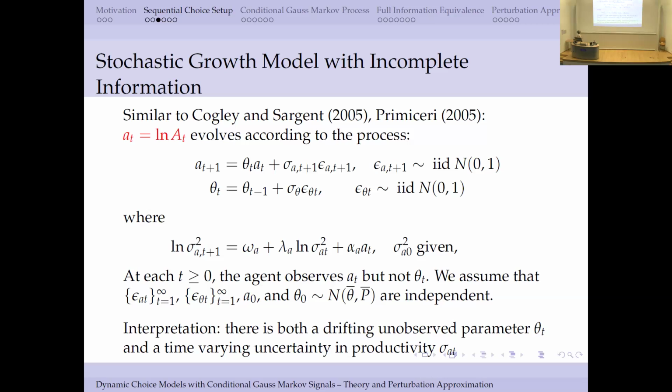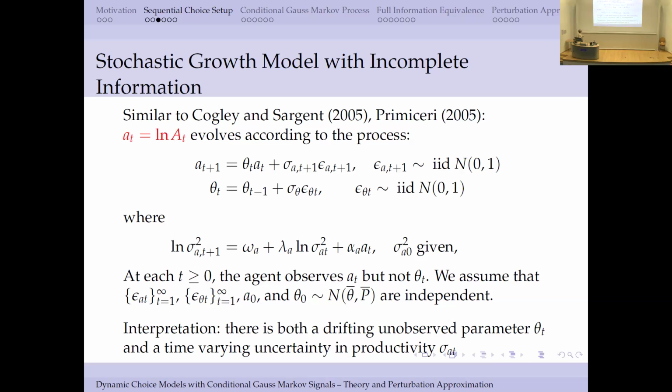They're standardized, and we assume that the sequences of epsilons are independent. They're also independent of the first value, A0, of the log productivity. They're also independent of the first value, theta 0, of this autoregressive parameter. All right, so what is the key difficulty? The key difficulty is that while the decision maker observes the log productivity, she doesn't get to observe this theta parameter.